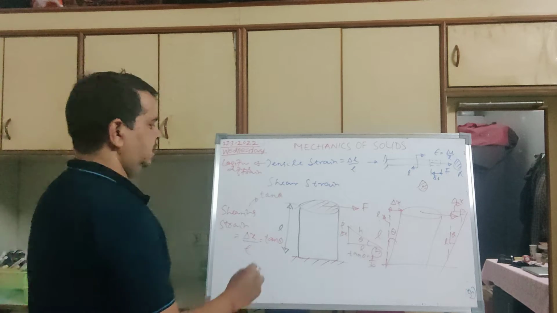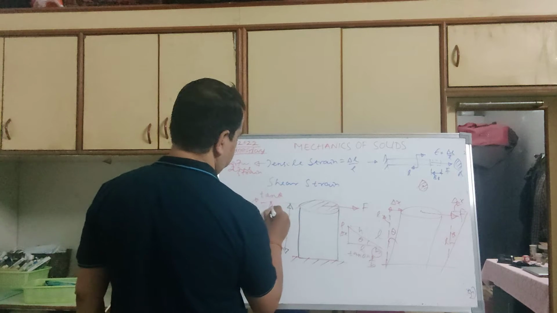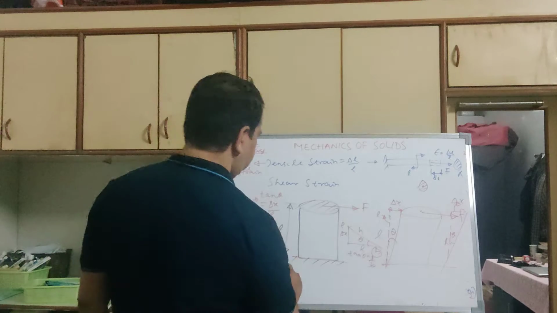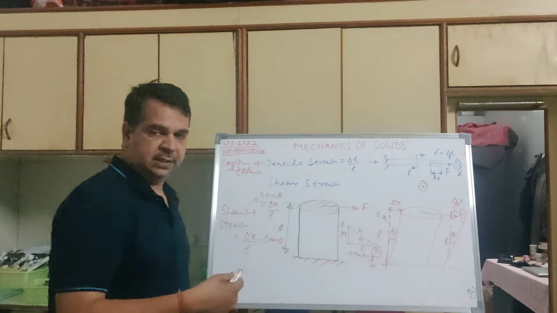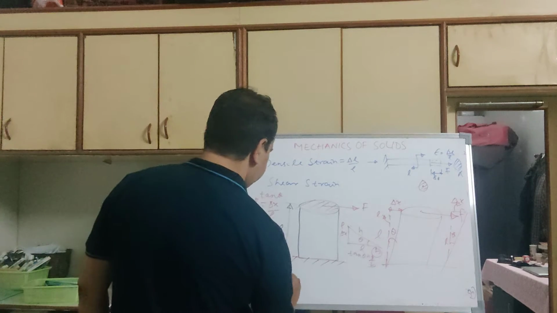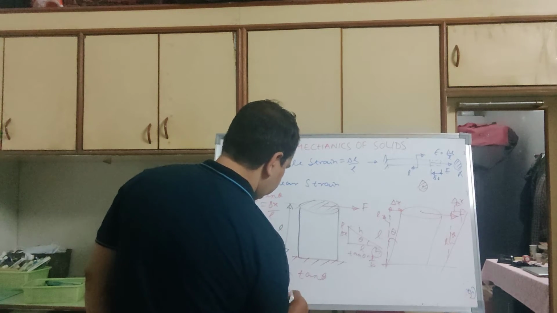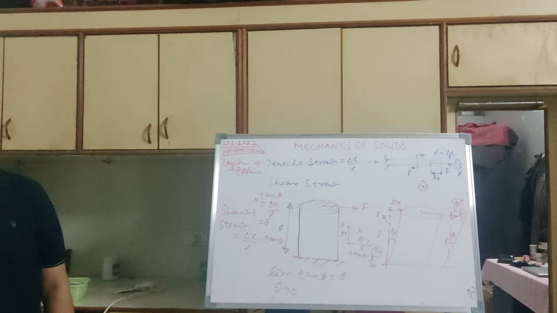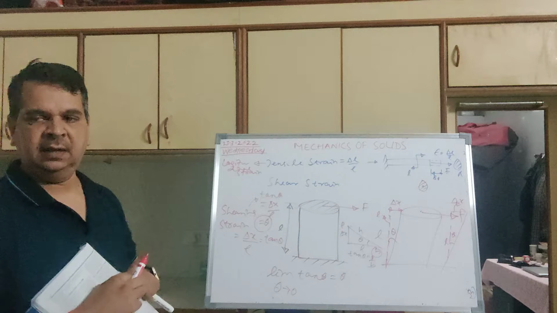In limits, before derivation and integration, you have studied that limit of tan theta as theta tends to 0 is equal to theta. Because this is a very small, infinitesimal angle, your shear strain is nothing but tan theta or theta.